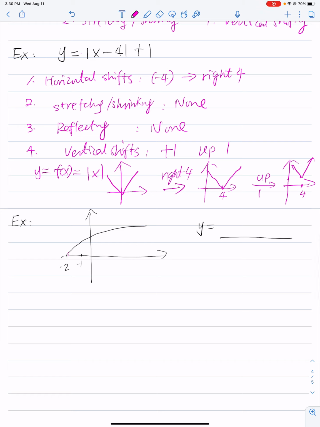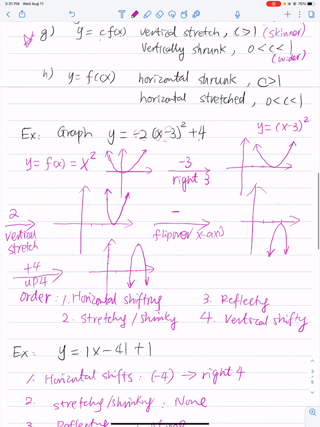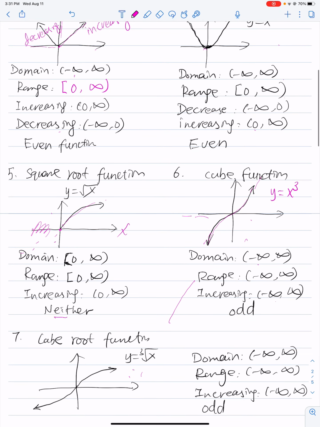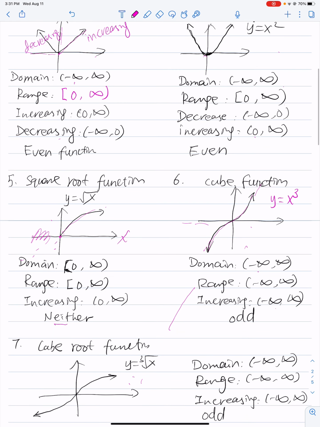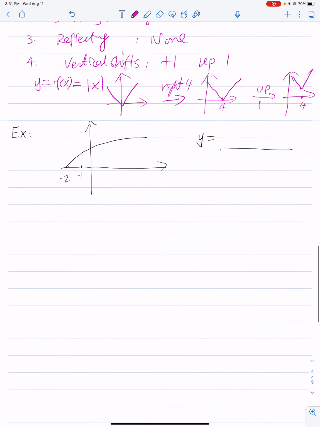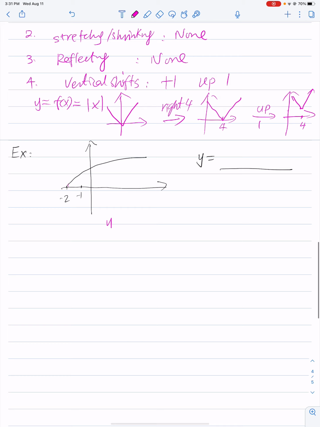And this one, if you are given a picture like this, what will the function be? Do you guess? When you have this kind of picture, which one do you think it is similar to? Look at these pictures. These are the common pictures. Basically the square root, yeah? Because you only have half of this, what you guess is y equals square root of x. But the square root of x should look like it is here.